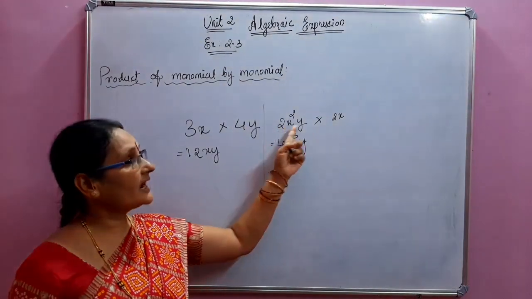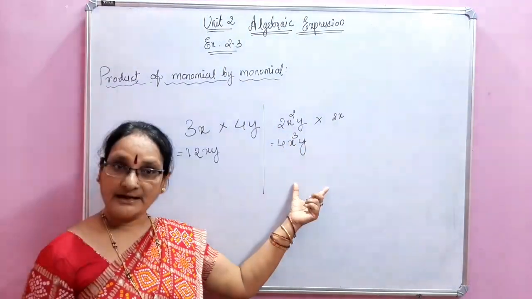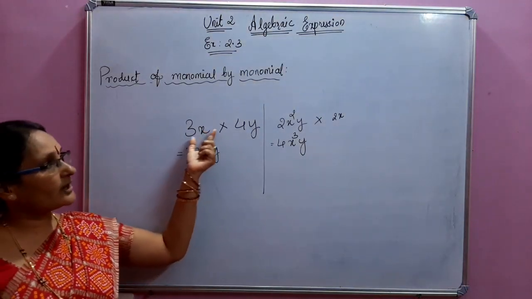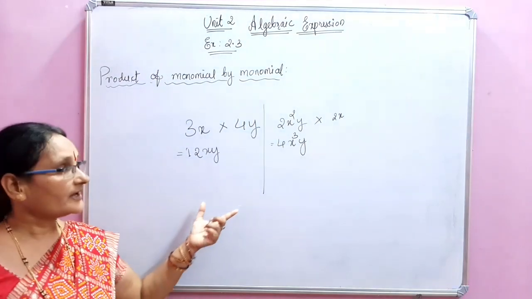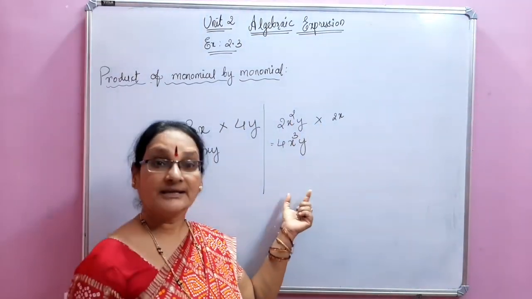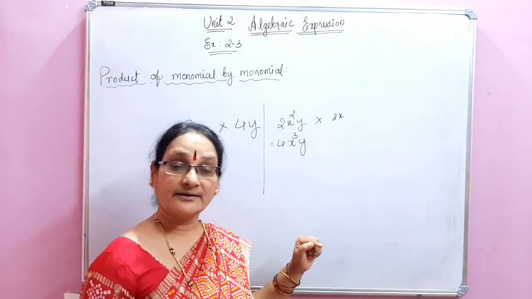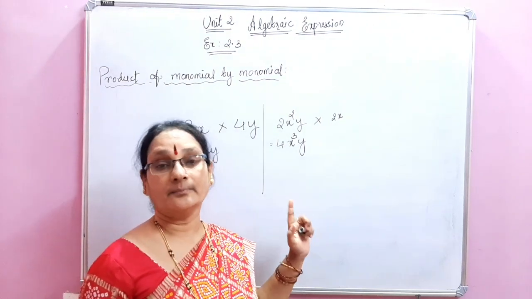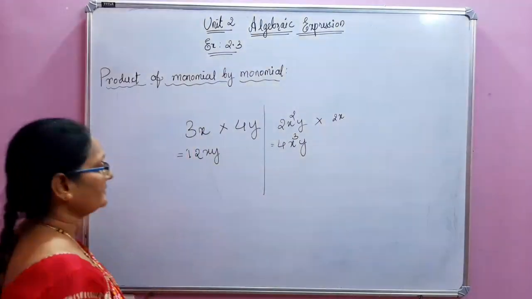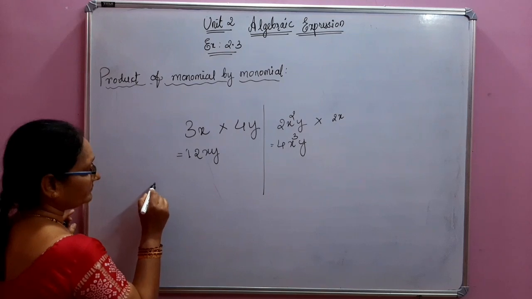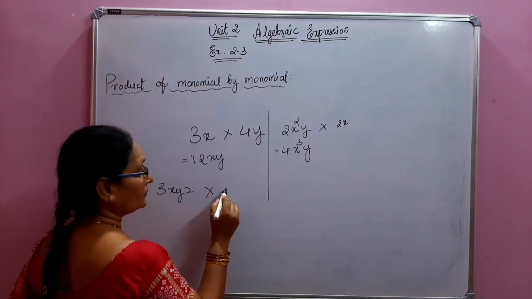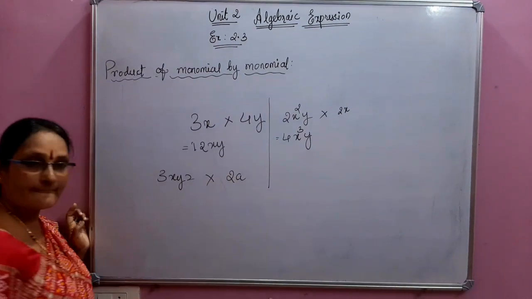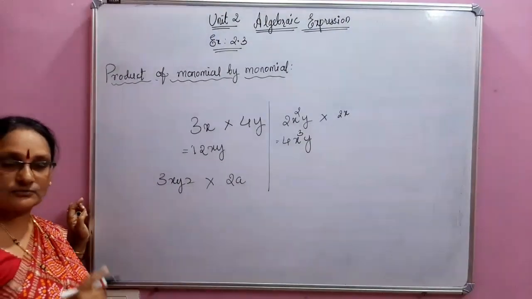See here, unlike terms can be multiplied like this. Here these two are also unlike terms only. Unlike terms can be multiplied, keeping their power and the variable in mind. So again one more I will take: 3xyz into 2a. See here students, first what to do?